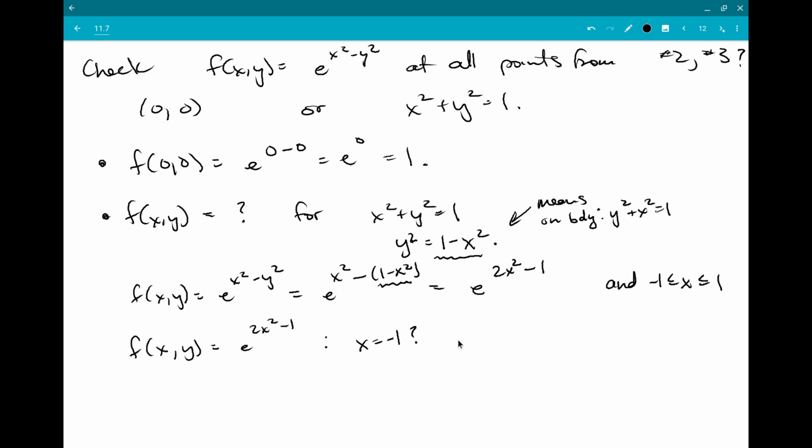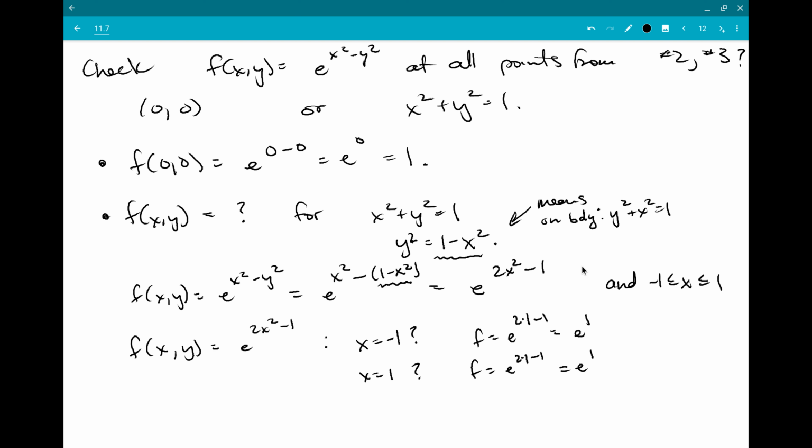So if x equals minus 1, I'm going to get e to the 2 times 1 minus 1, which is e to the 1, because minus 1 squared is just 1. And I'm going to get the exact same thing at x equals 1. f equals e to the 2 times 1 minus 1, which is e to the 1.